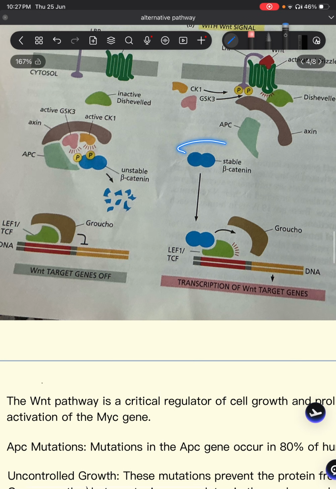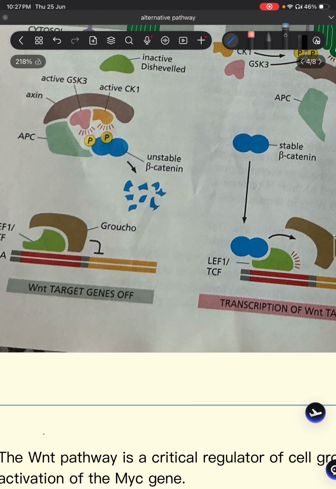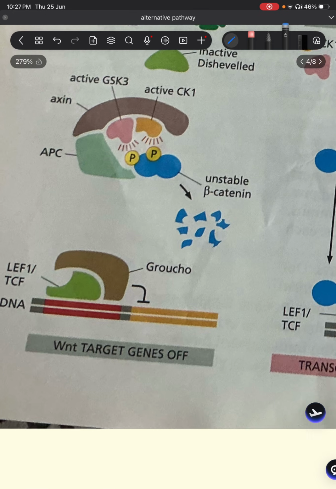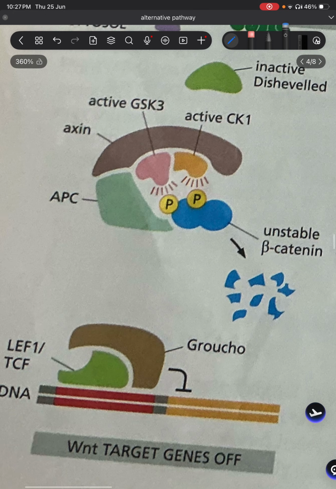Why are we referring to beta catenin as stable? Because in the unstable state it is phosphorylated, and later on there is proteasomal degradation. So what does this complex include? There is the APC.